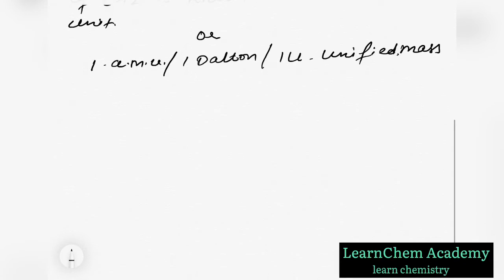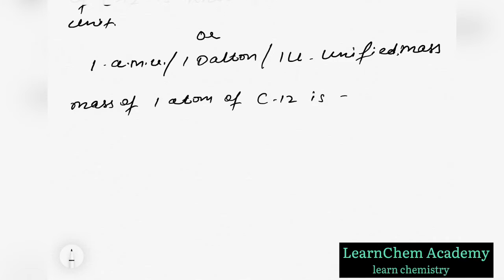So we can write the mass of one atom of C12 is 1.99 into 10 raised to power minus 23 gram.